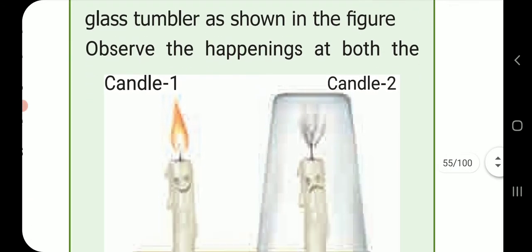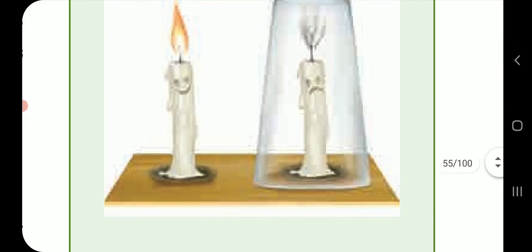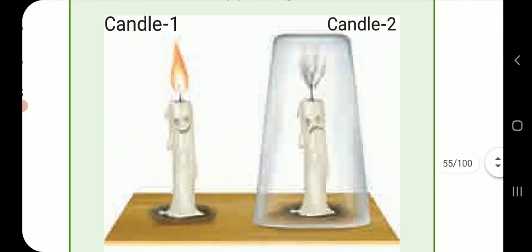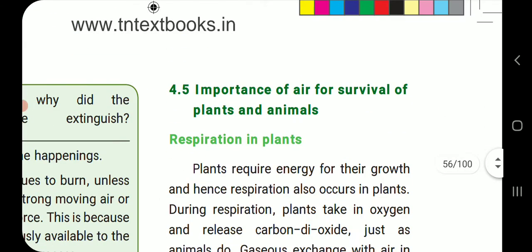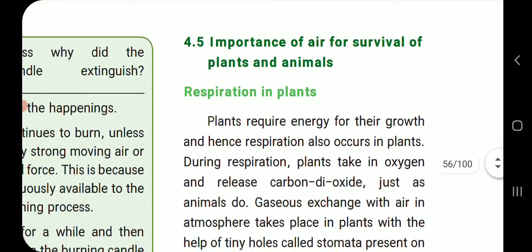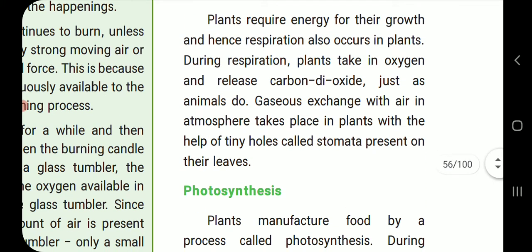A candle is lit, and if we cover it with a glass, it will burn for some time and then go off, because the little oxygen present in the glass makes the candle glow for some time and then it is put off.